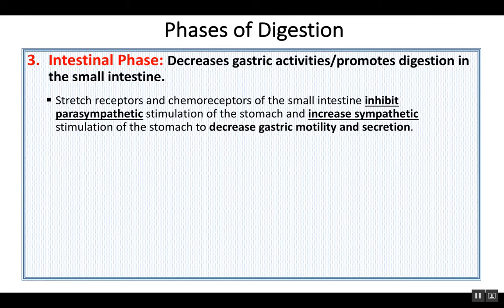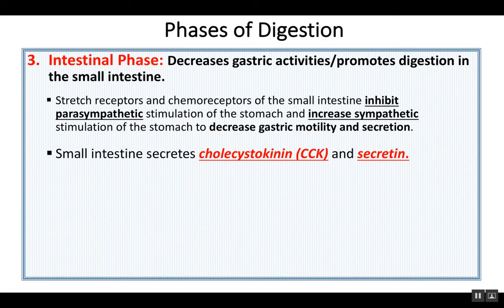So during the intestinal phase, the stomach activities decline, but we're going to start to stimulate the small intestine as well as organs that are going to help the small intestine. Those include the liver, the gallbladder, and the pancreas. So the small intestine is going to produce two really important hormones, cholecystokinin and secretin.